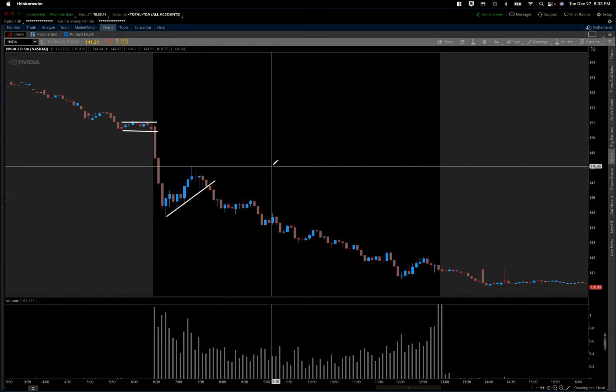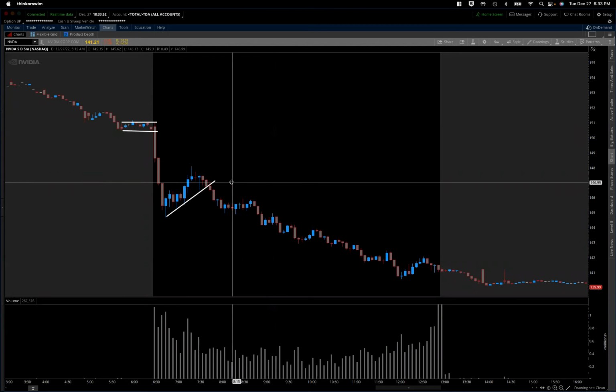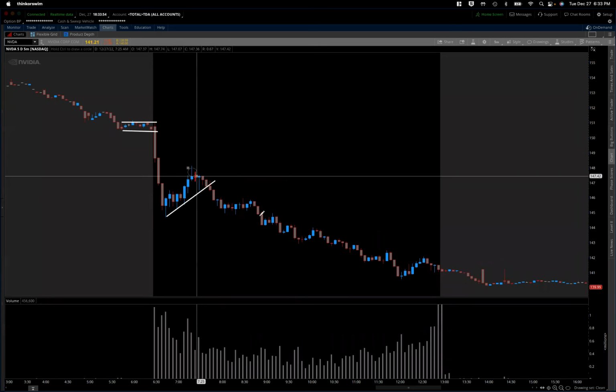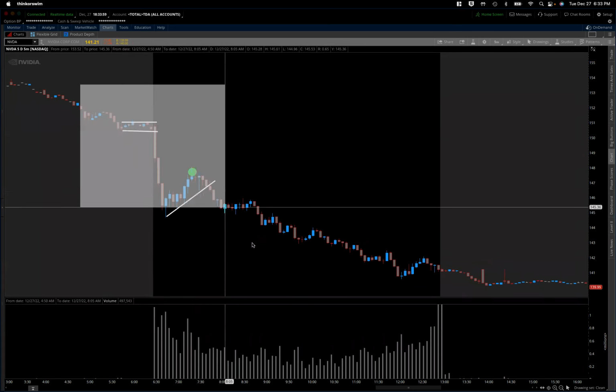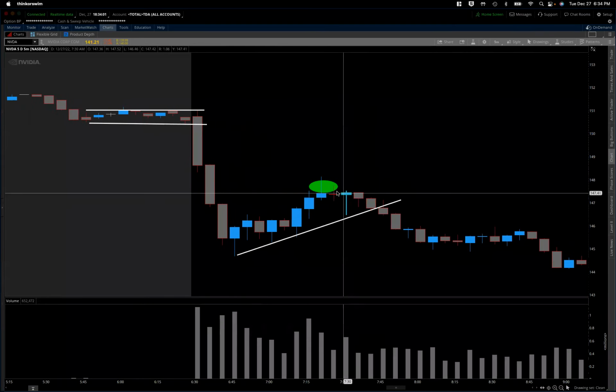And when he broke that bear flag to the bottom side, look at that inverse hammer, the 5-minute inverse hammer inside the H. That one. Yep. So the last candle closed about 15 minutes after that. You need to know how to read candles. That's an inverse hammer.